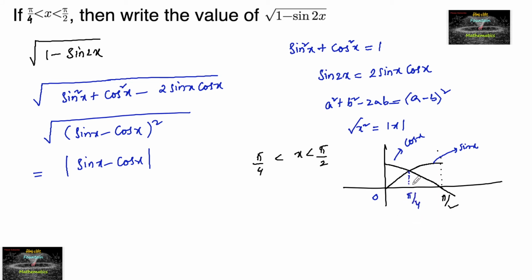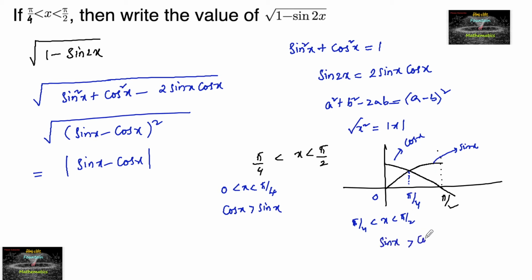Both give the same value, and we can observe very clearly that in 0 less than x less than pi by 4, cos x is greater than sin x, and in pi by 4 less than x less than pi by 2, we can see that sin x is greater than cos x.